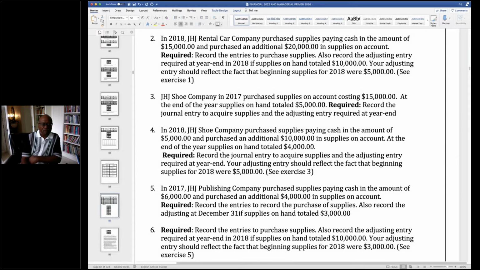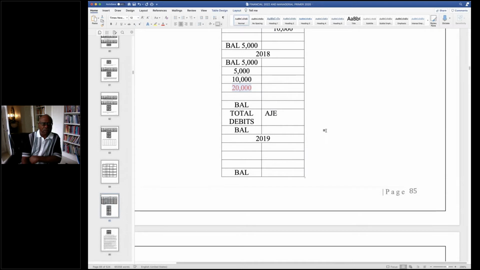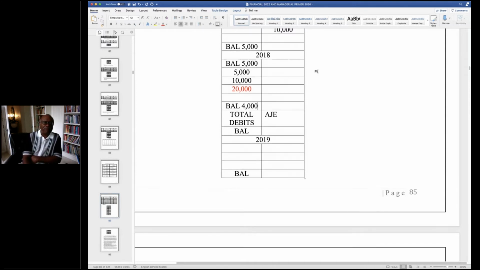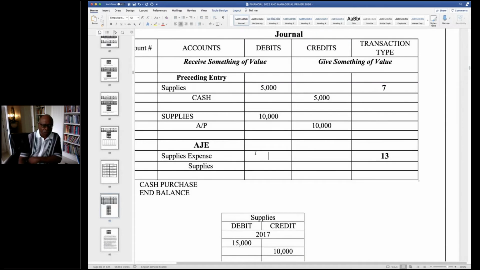Oh, 4,000. Sorry. You've got 4,000 on hand. So that means that the adjusting entry should be 16,000. Are you asking me or telling me? No, I'm telling you. Okay. Does everyone see how we got 16,000? Anybody don't see how we got 16,000?